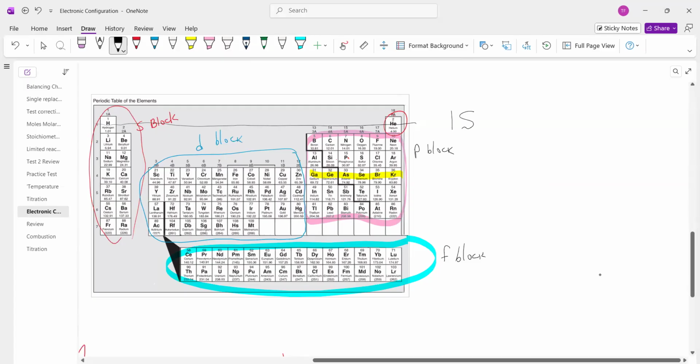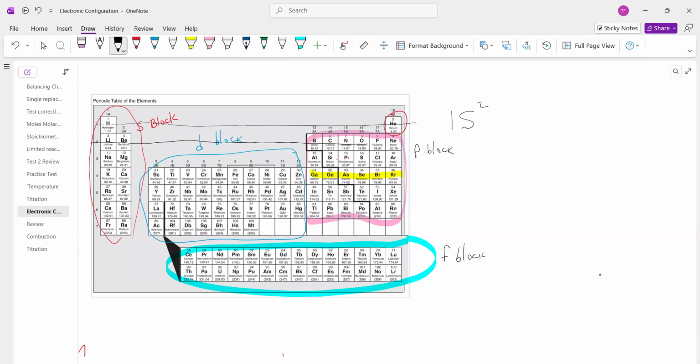And how many elements do we go through? 2. We're not done yet. We're not at sulfur yet. So now we're going to go to shell number 2. We went through S block, P block. Now we're going to go to shell 3.